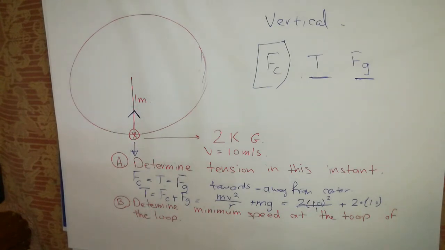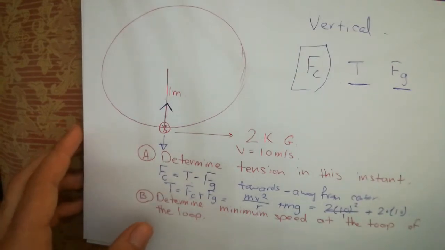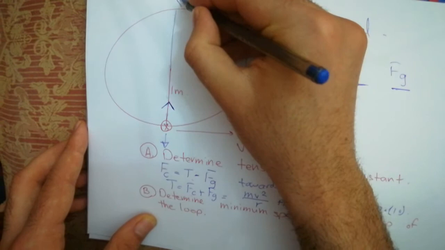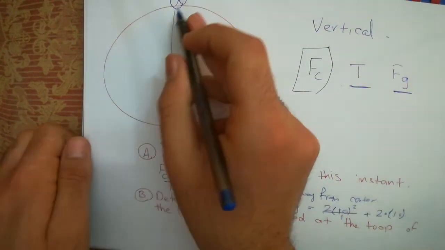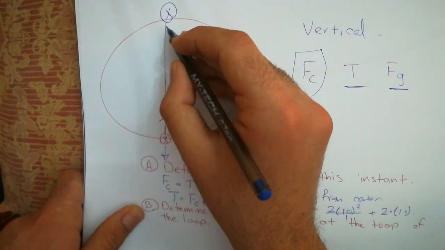And so we're going to assume, and we're going to use a different color here, that the ball is up here. So it moved all the way to this direction. And so we have to find the minimum speed. So what's the minimum speed?